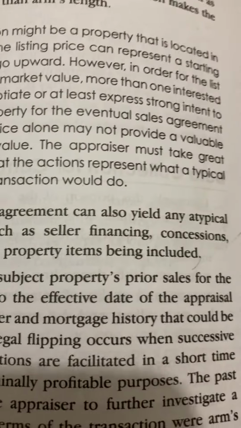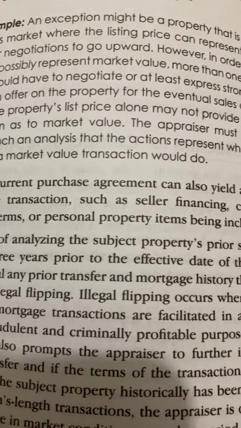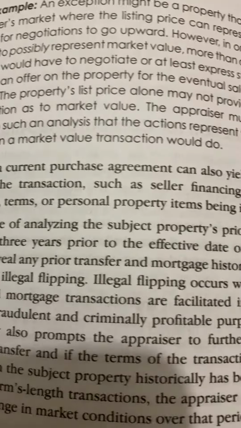The property's list price alone may not provide a valuable indication as to market value. The appraiser must take great care in such an analysis that the actions represent what a typical buyer in a market value transaction would do.